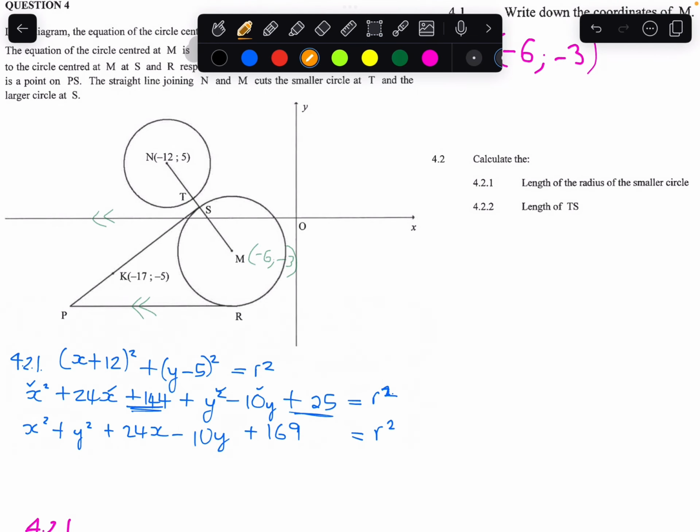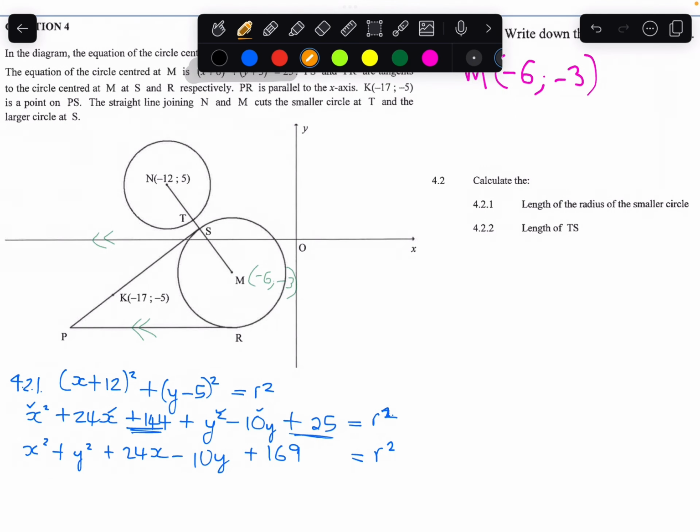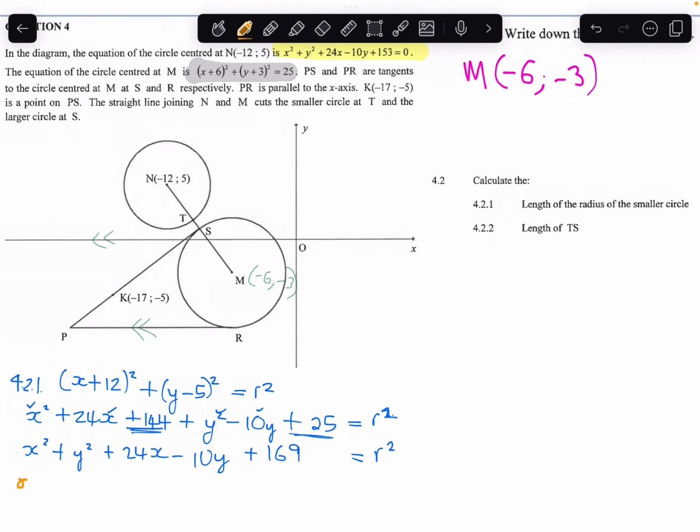Okay, so the initial equation is x squared plus y squared plus 24x minus 10y plus 153 is equal to 0. So if, from this one, we minus r squared on both sides, we're going to end up with a 0 on this side, which is what we want here.